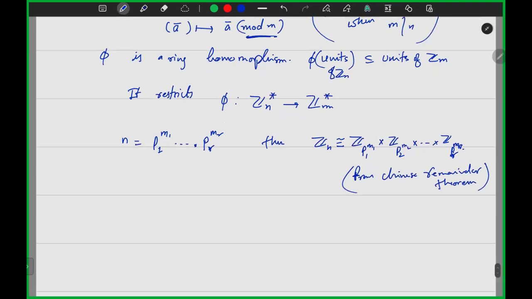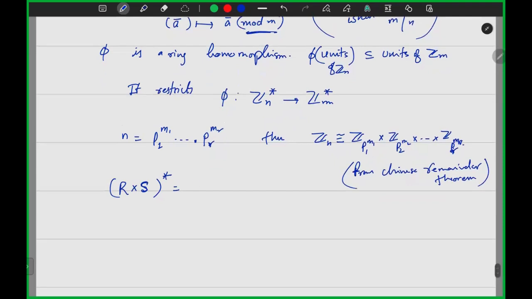So from here, if you have a product of rings, R and S, you take the units of this. What are those? These are (r, s) such that r belongs to R star and s belongs to S star. Right? Natural map, component wise multiplication.